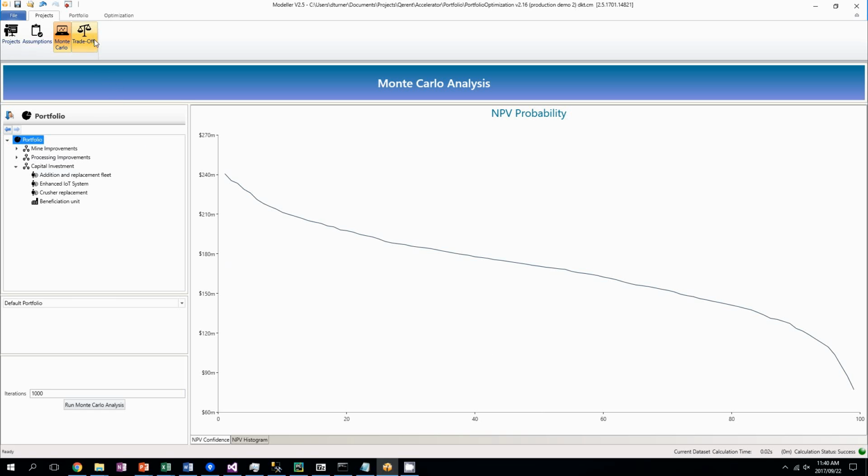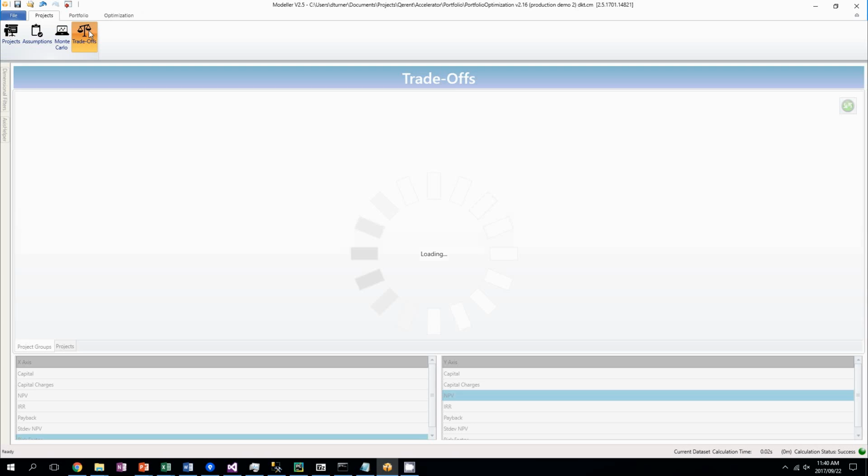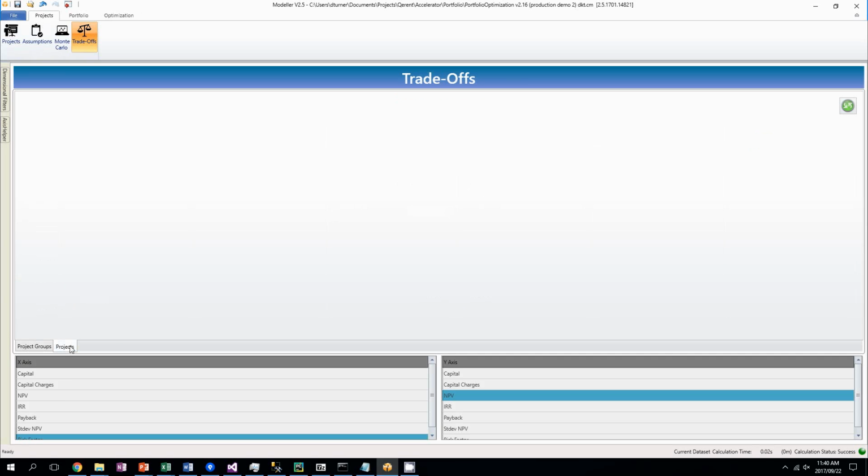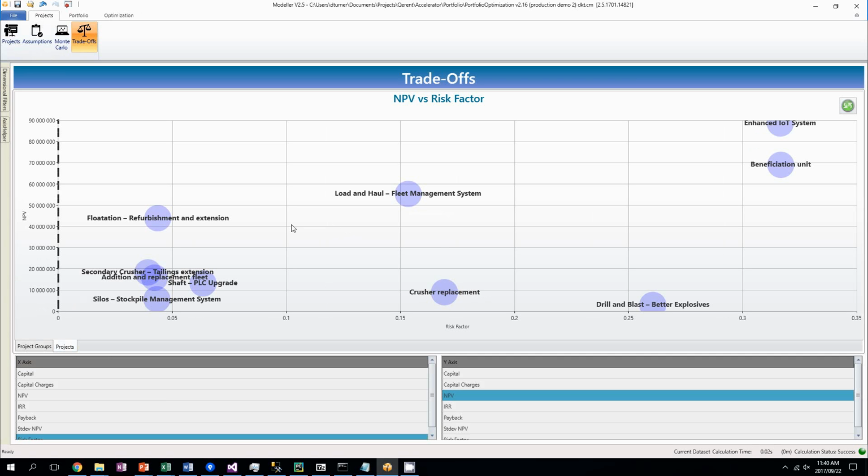So the next step that we can do is to have a look at the trade-offs between the various projects that exist in the portfolio. And this is the classical style of portfolio management, where you'd put typically NPV on the vertical axis to measure the return of the project, and then on the horizontal axis you would look at various other measures.